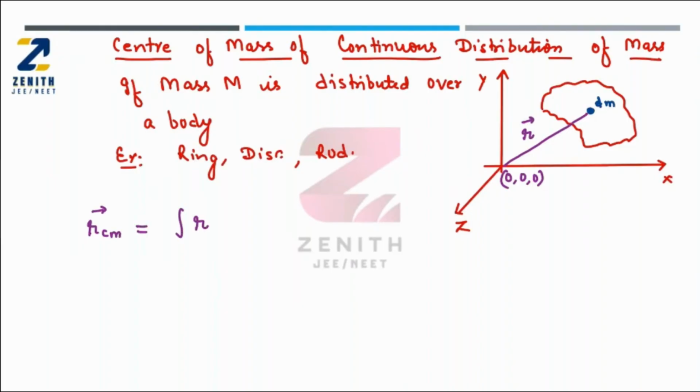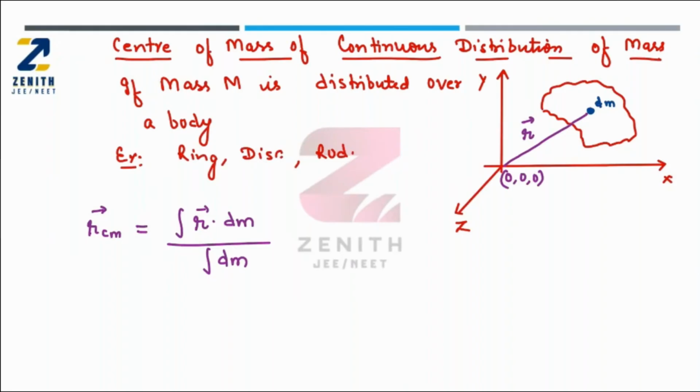the center of mass can be calculated as the integration of r vector dm divided by the integration of the small mass dm. This r vector will give you the x coordinate, y coordinate, and z coordinate, if you are writing in terms of i, j, and k cap.